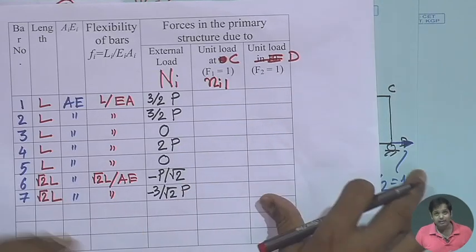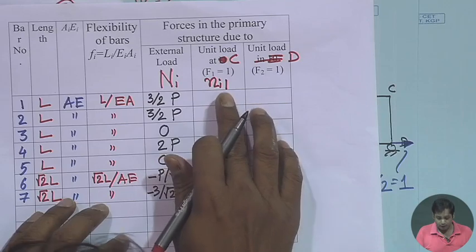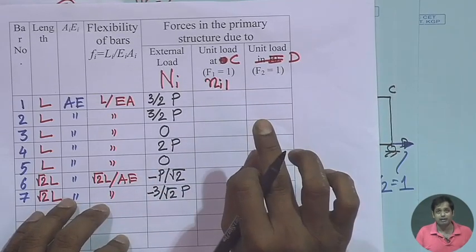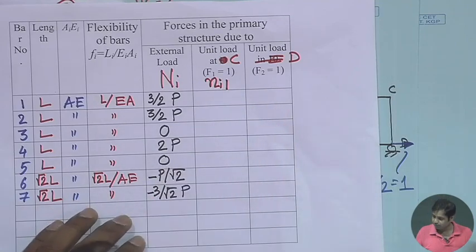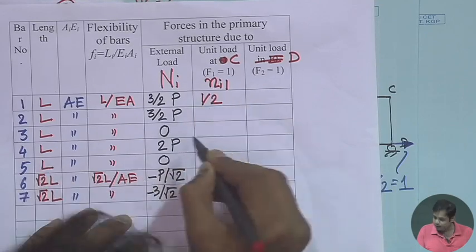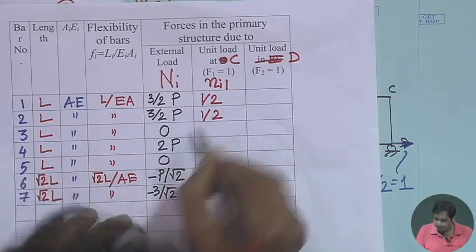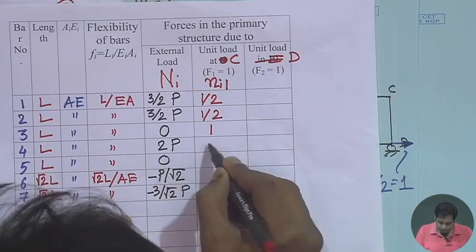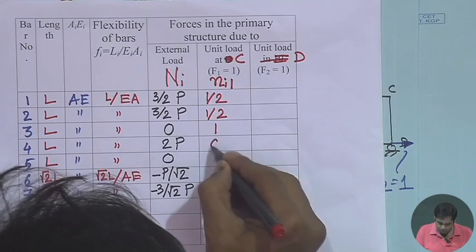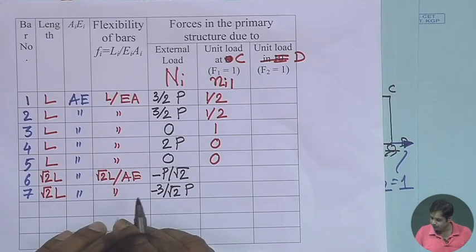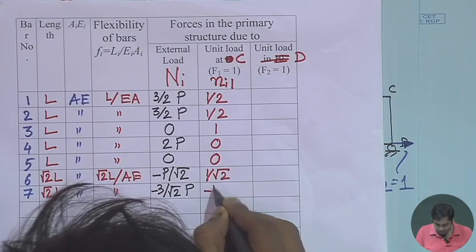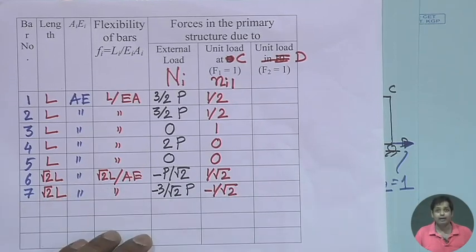Okay, whose value is x1, but these values are obtained when the unit load is applied in the direction of x1. Okay. Now, these values are, this is half, and then this is half, this is 1, then member 4 and 5 zero force member, we have already checked, member 4, 5 zero force member, and then 6 is 1 by root 2 and 7 is minus 1 by root 2. Okay.